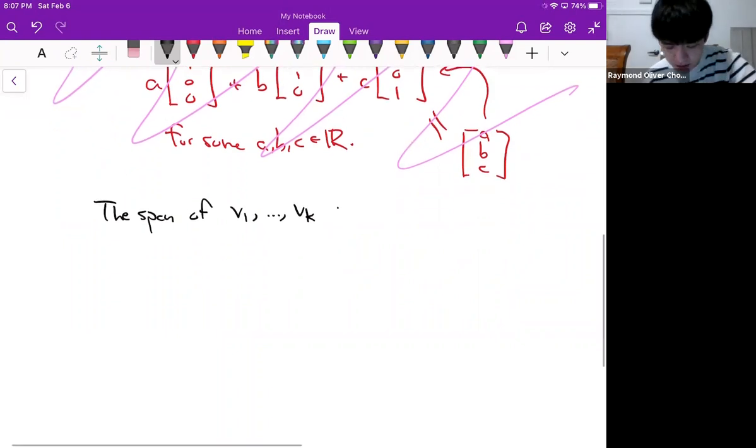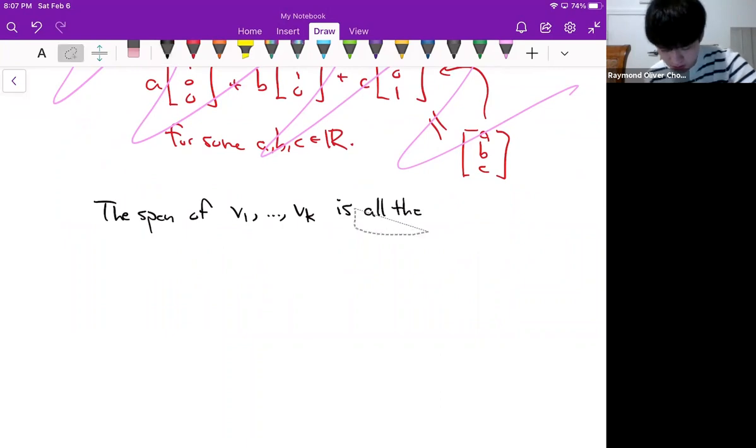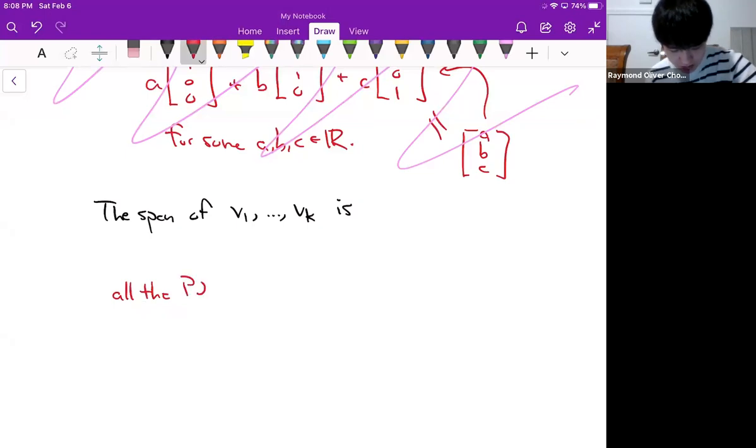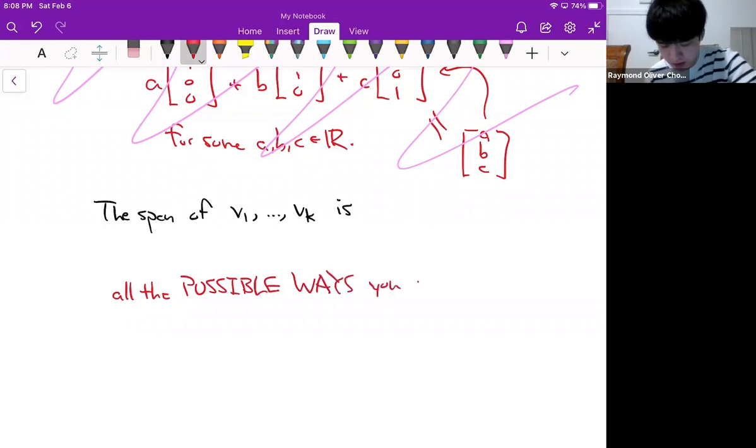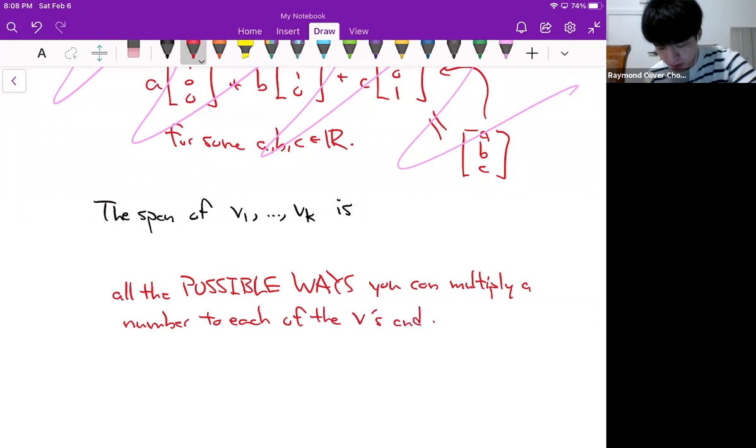But the span of V1 up until Vk is all the possible ways, let's put it in red, all the possible ways you can multiply a number to each of the V's and add them up.